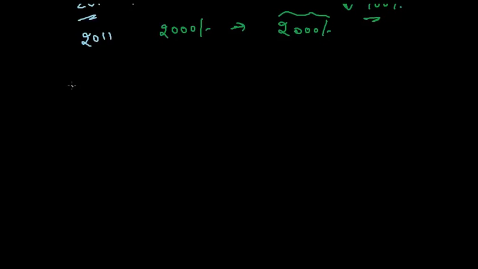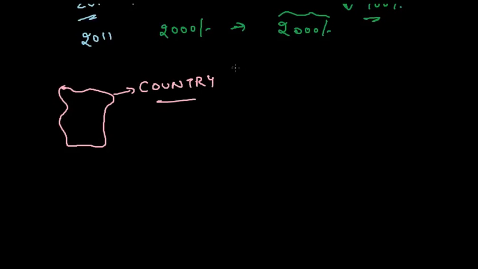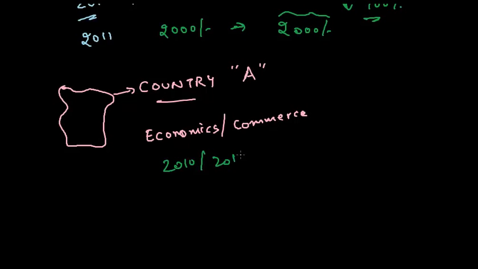Let's say there is a nation, a country named country A. Now country A wants to know how much progress it is making in terms of economics, or let's say commerce, from year 2010 or 2011 or 12 or 13, or even any previous year, let's say 1990.